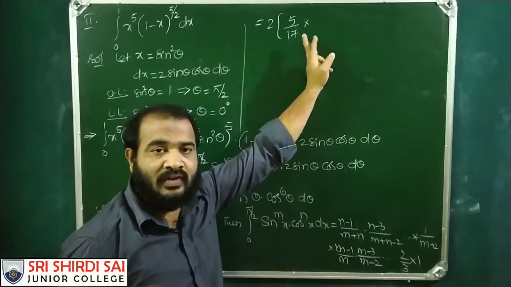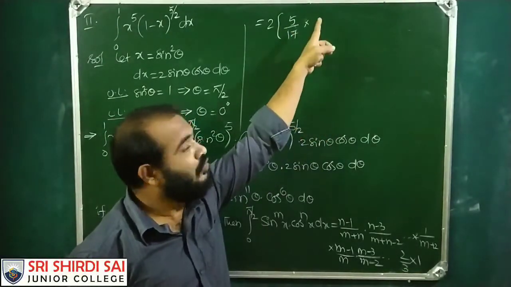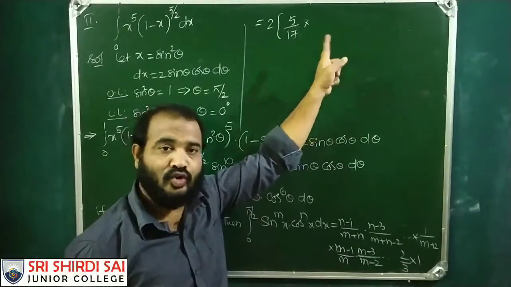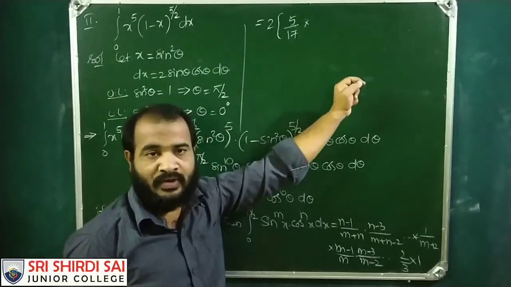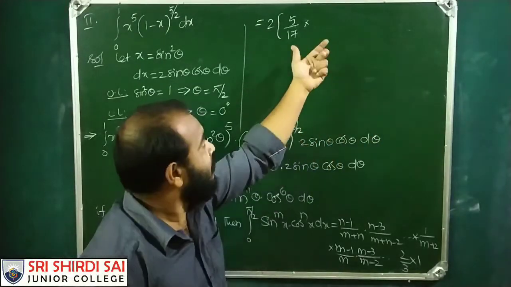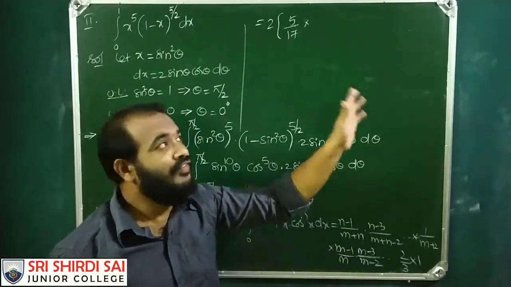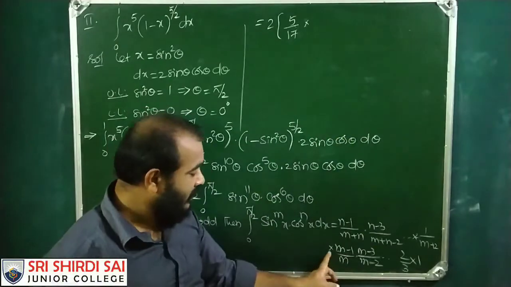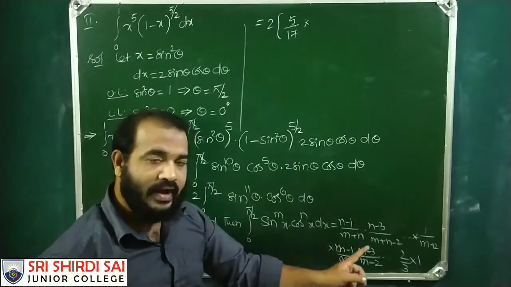After this, we have to reduce by 2 both on the numerator and denominator, as long as we get either 2 or 0. And if further reduction is not possible, then we have to stop, and then the next part, m minus 1 by m, with this we have to proceed.